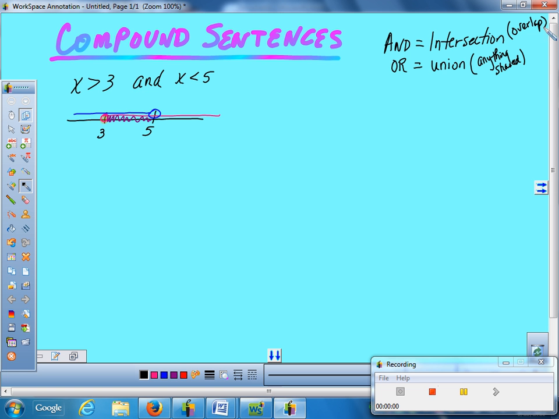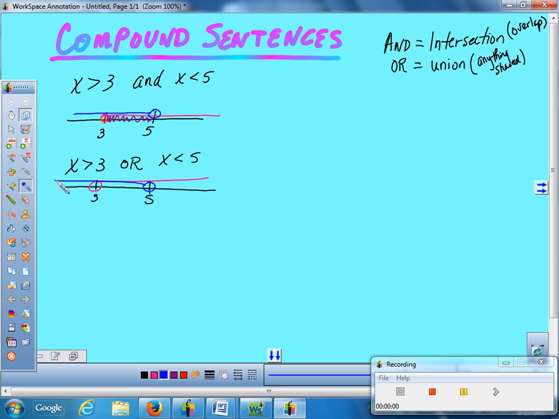So now, let me ask you, if I had done this exact same problem we just did right here, if I did x is greater than 3 or x is less than 5, if I had that situation, it's the exact same picture, isn't it? So 3 going up, 5 going down. Anything shaded.